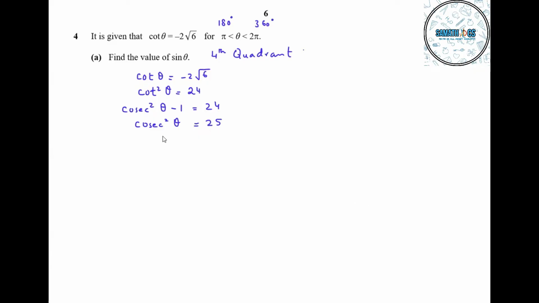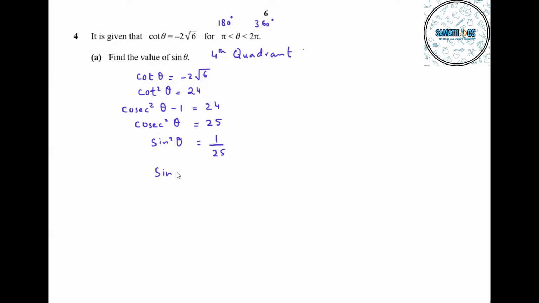We know that cosec square theta is the inverse of sine square theta. So we can write sine square theta is equal to 1 upon 25.